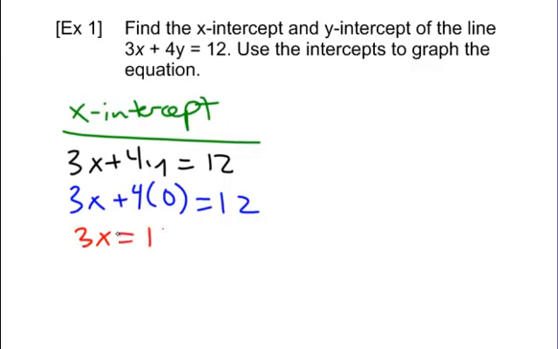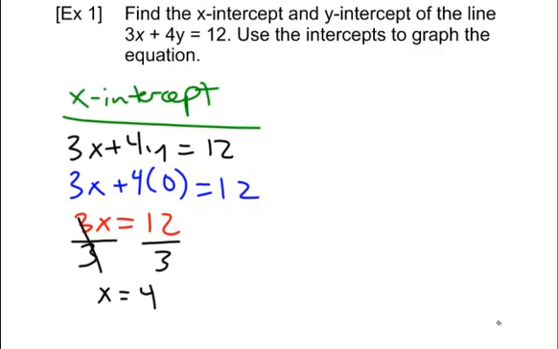Now it's just an easy equation, right? You divide by 3, so x equals 4. Our x-intercept is when y equals 0, so our x-intercept is at 4, 0.